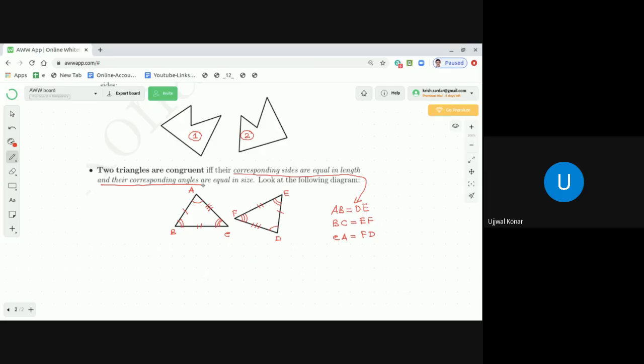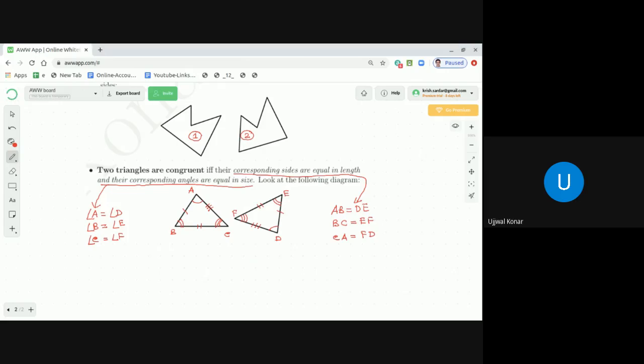That means whatever angle A you see, dear students, is equal to the measurement of the angle D. The value of the angle B is equal to the value of the angle E, and the same for angle C equal to angle F.